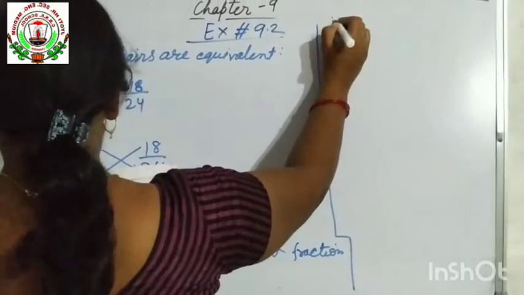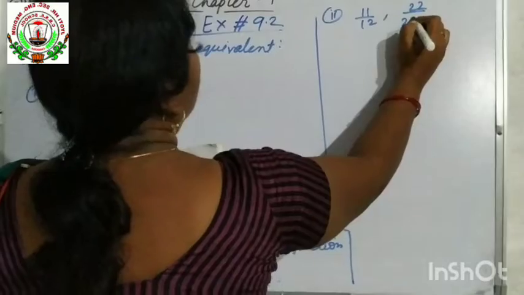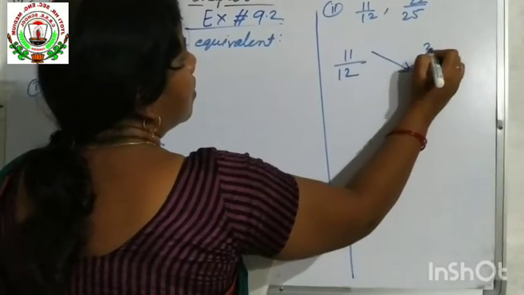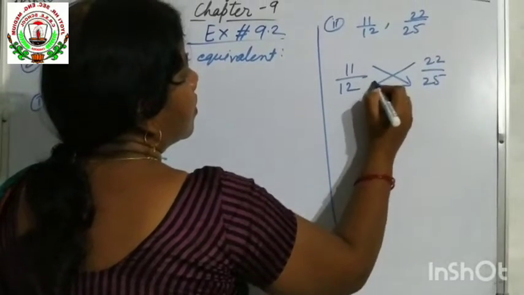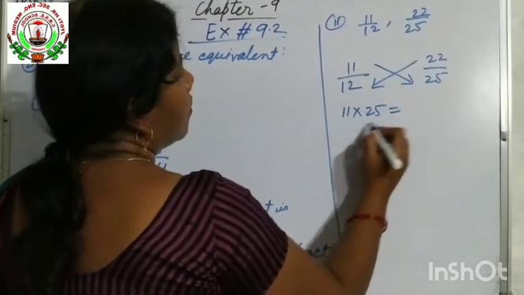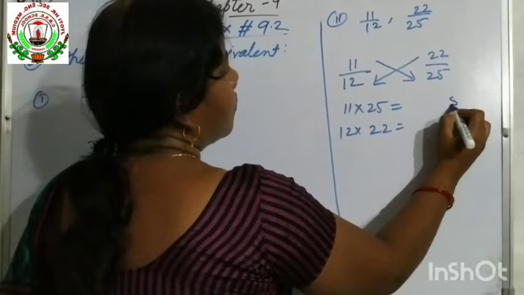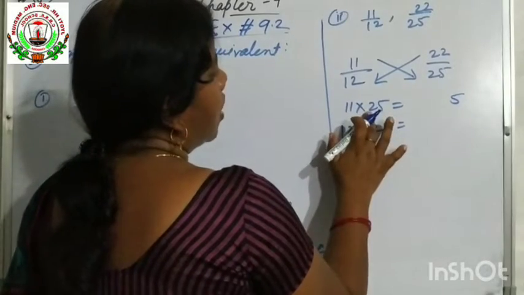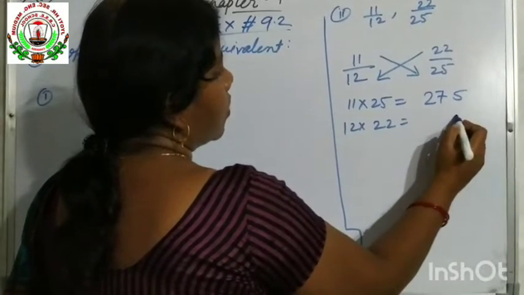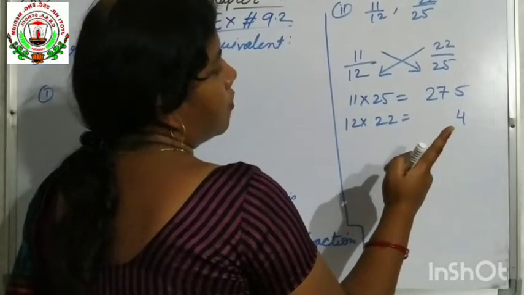Our next question we will see, that is your question number 2: 11 by 12 and 22 by 25. Now again we will cross multiply these numbers. 11 into 25 and 12 into 22. 11 5 ja 55, 5 carry, 11 2 ja 22, 22 plus 5 is 27. 12 2 ja 24, 4 2 carry, 12 2 ja 24, 25, 26.